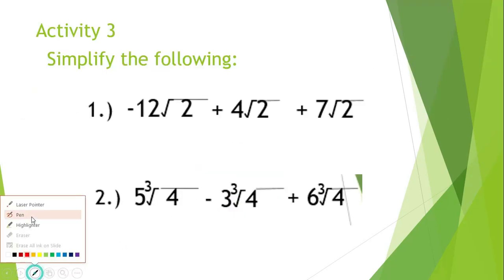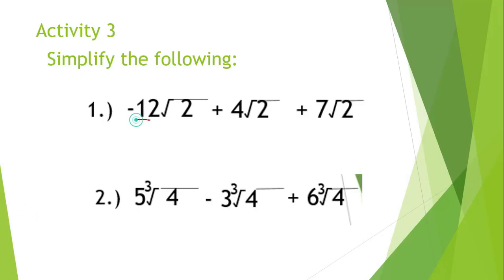Another example. Negative 12 square root of 2 plus 4 square root of 2 plus 7 square root of 2. So, this one is one of the examples of like radicals. The next thing we have to do here is add negative 12 plus 4 plus 7 times the square root of 2.